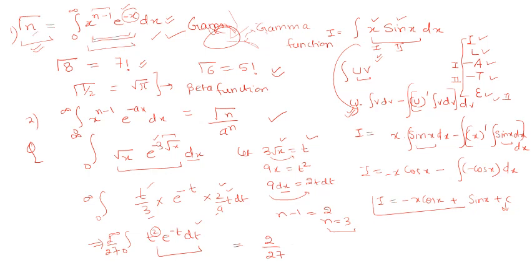So gamma n is gamma 3, right? And just now I told you that the value of gamma 3 when you expand it is 1 less factorial. I mean, you have to reduce 1 from this number and get the factorial. So it would be 2 by 27 times 2 factorial, which is 2 into 1. That means 2 times 2 is 4. So it is 4 by 27, which is our answer.